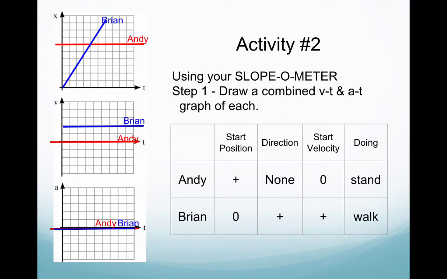Their qualitative characteristics: Andy started at a positive position, went in no direction. Starting velocity was 0, and he's standing. Brian started at a 0 position. He went in a positive direction. His starting velocity was positive, and he is walking.